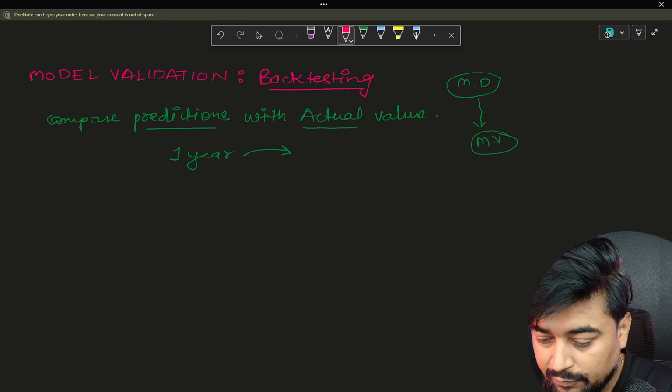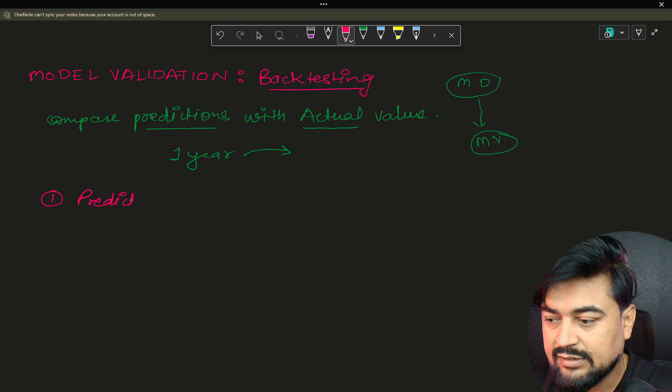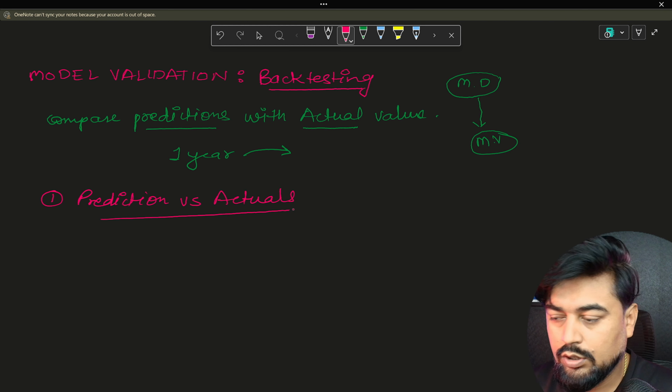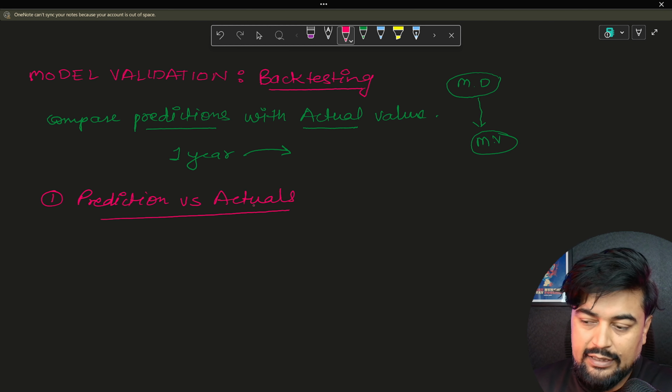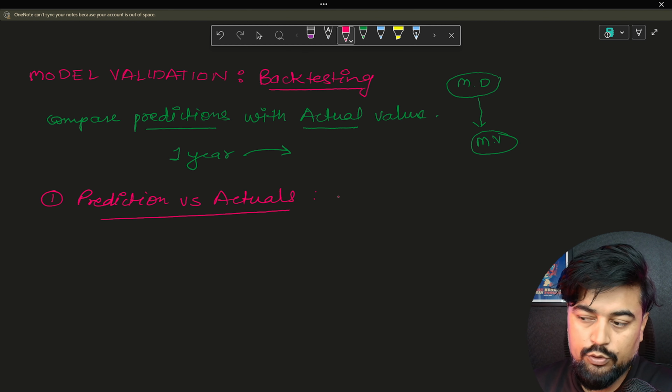The number one technique which is used is prediction versus actuals. Now what is prediction versus actuals? Let's say I am working on a probability of default model for a loan portfolio.